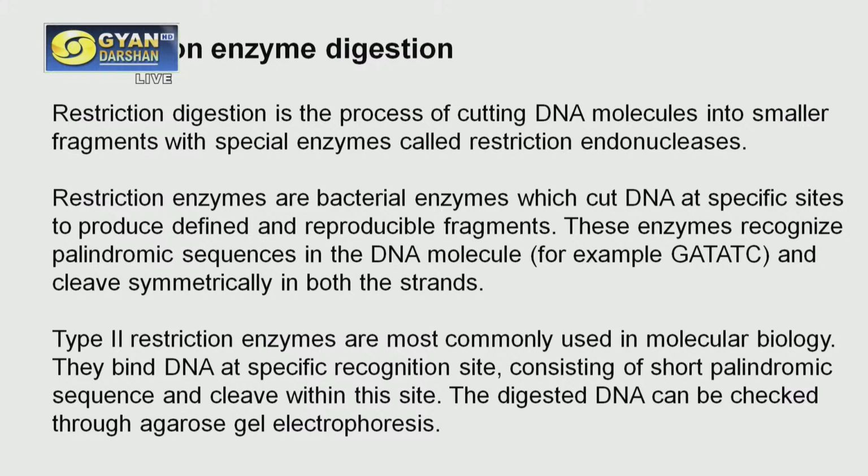So they make site-specific cuts in the DNA. Restriction digestion is the process of cutting DNA molecules into smaller fragments with special enzymes called restriction endonucleases. These are actually bacterial enzymes which cut DNA at specific sites to produce defined and reproducible fragments.